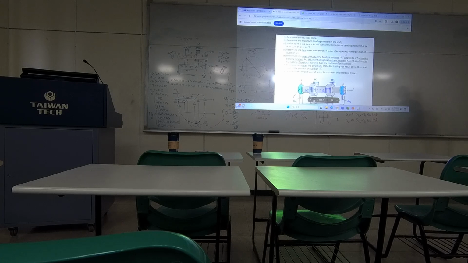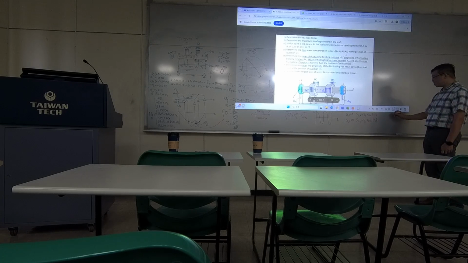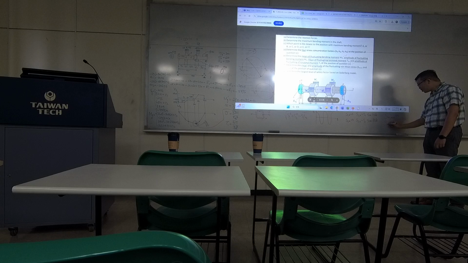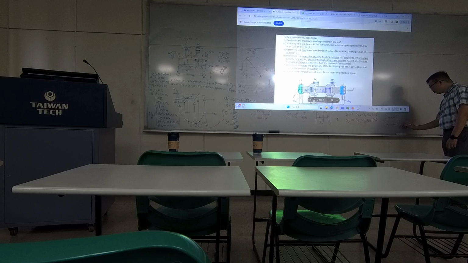So it's an interesting problem where the von Mises stress mean actually equals 0. But the von Mises stress amplitude will be determined by S1 amplitude squared plus S2 amplitude squared minus S1 amplitude times S2 amplitude.